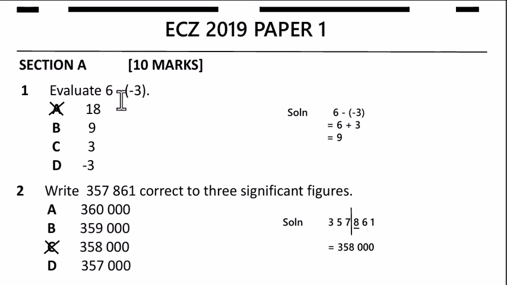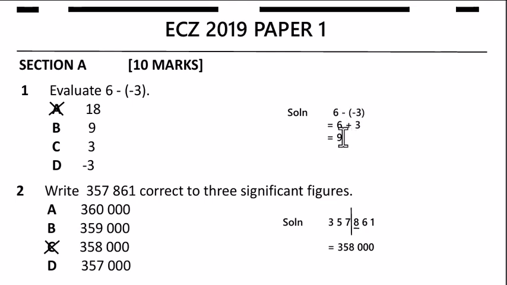The first question says evaluate 6 minus negative 3. When they say evaluate, they mean find the value. So I'm going to say 6 minus open bracket negative 3 close bracket. When we multiply negative times negative, this gives us positive.